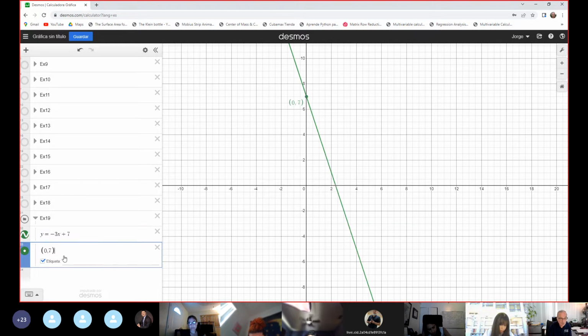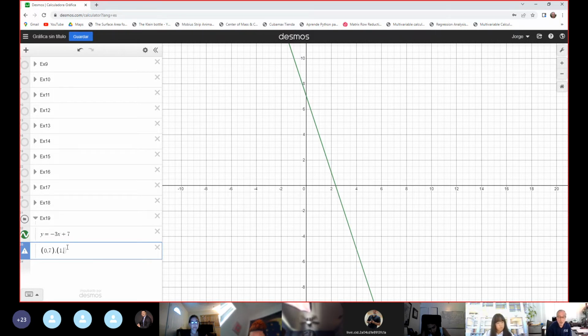But you obtain a second point, walking 1 to the right and negative 3 in y. It is the point 1,4. Where does this 4 come from? Because 7 minus 3 is 4. Let me try. I don't know if I did well or not. 1,4, right?